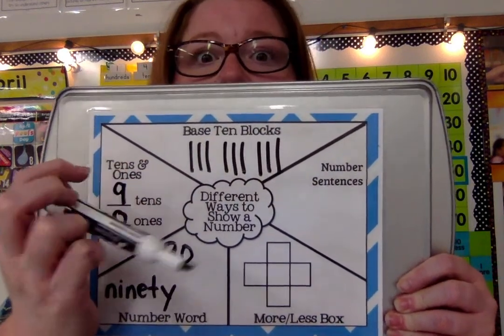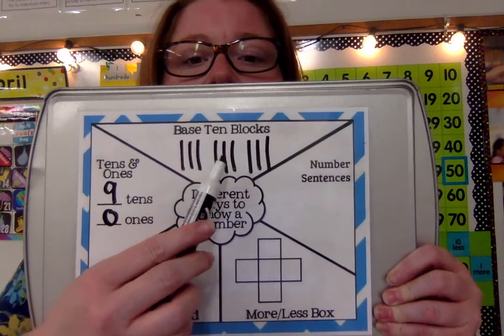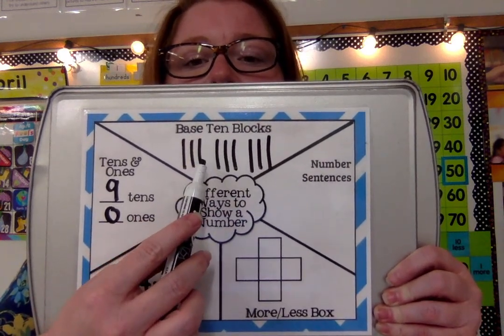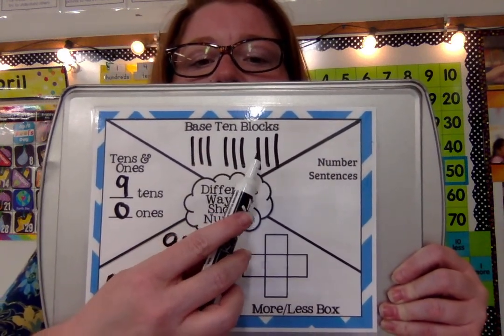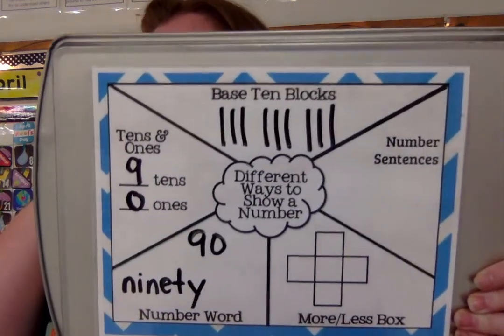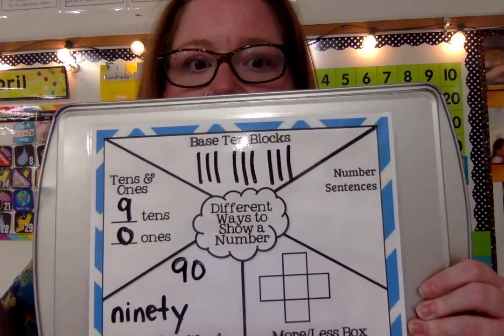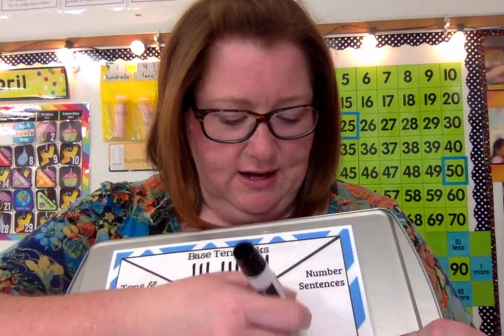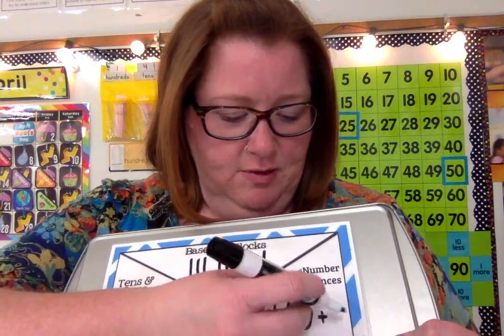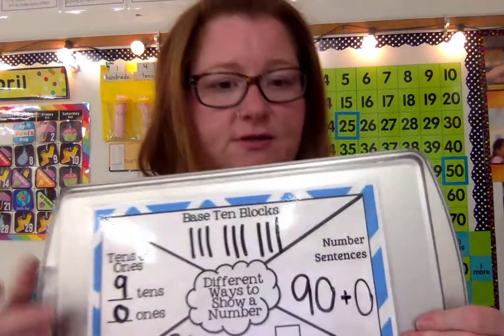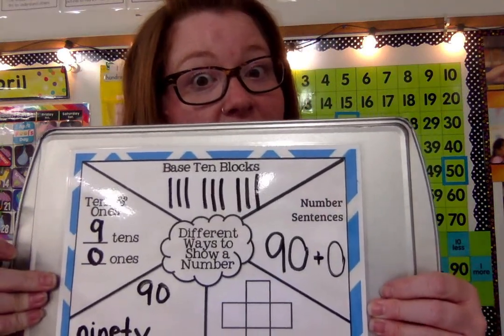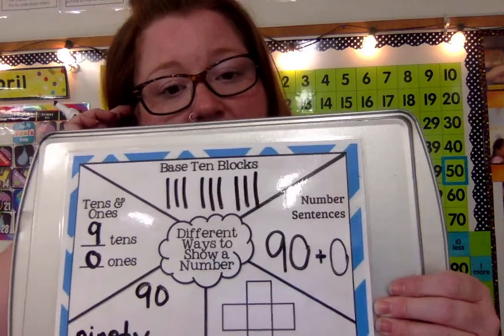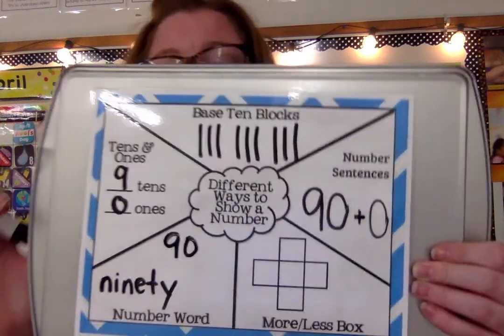Then I remembered when I did my 9 tens, there were 3 and 3 and 3. 10, 20, 30, 40, 50, 60, 70, 80, 90. So that I have 9 tens and 0 ones up there. So we could write it as 90 plus 0, because there's 0 more ones, right? That is a way we could show it in that expanded form.